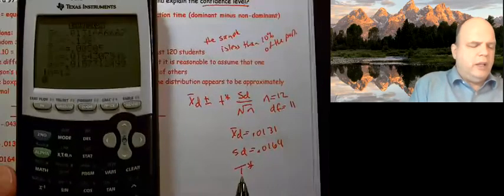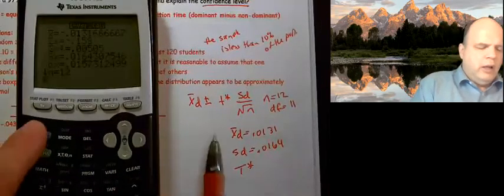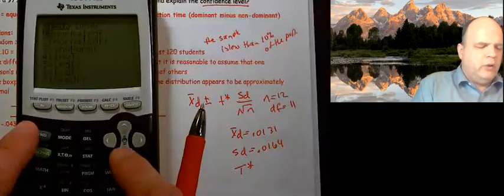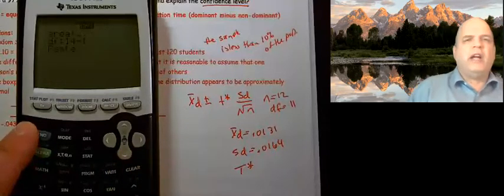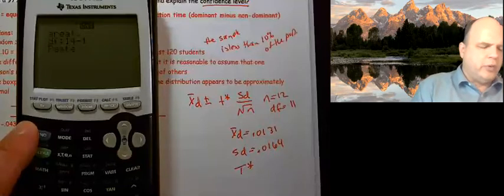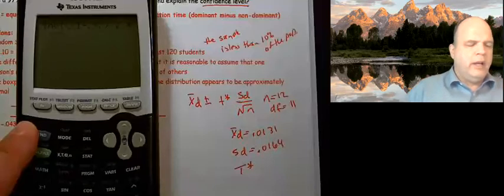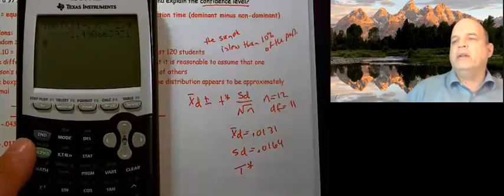So we need to go about getting t star. Second vars, inverse T. And in this case, they gave us a 97% confidence interval. So parenthesis, 1 minus 0.97, close parenthesis, divided by 2. Degrees of freedom, which are going to be 12 minus 1, or just 11. And the calculator is thinking about it.